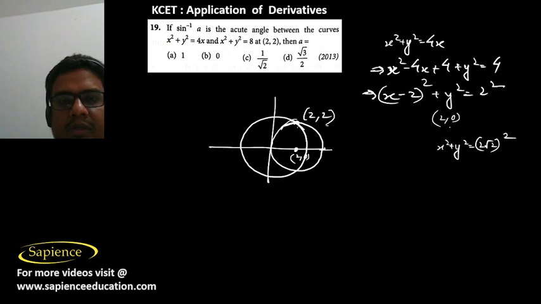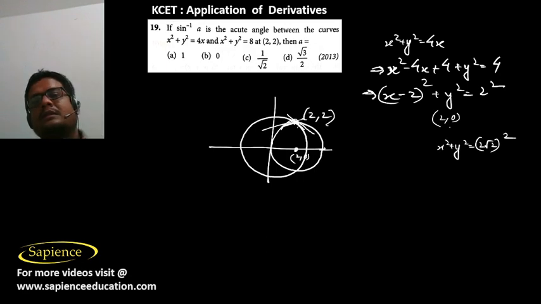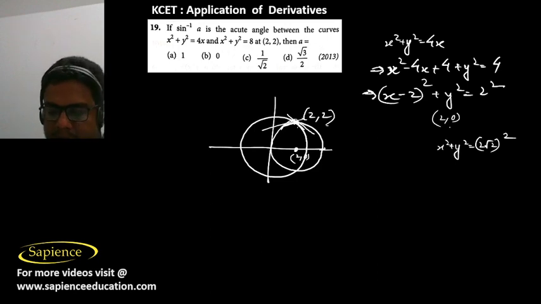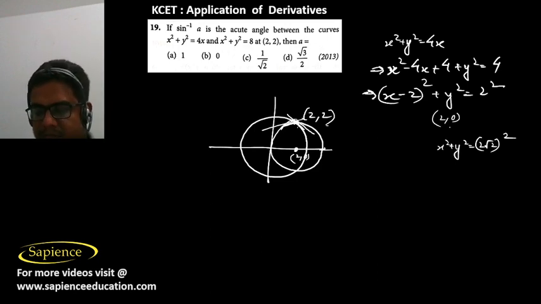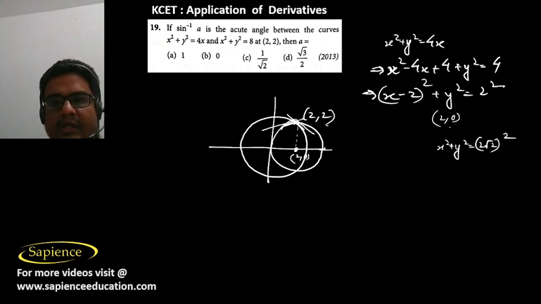So at this point, the acute angle between these two curves is sine inverse A. So that angle is how much? That is being asked. So at this point, we need the slope of each curve.